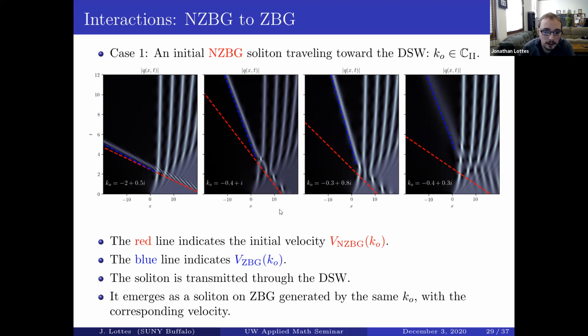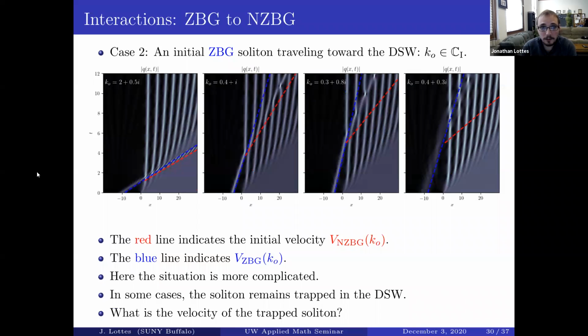And so we can see that there's this change of velocity in each case, and the initial non-zero background soliton is transmitted through the DSW, emerges on the other side as the corresponding zero background soliton with the same discrete eigenvalue. And so on its new background, it has a new controlling phase function, and its velocity is governed by that controlling phase function.